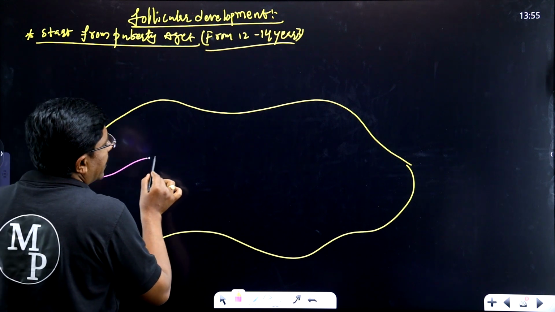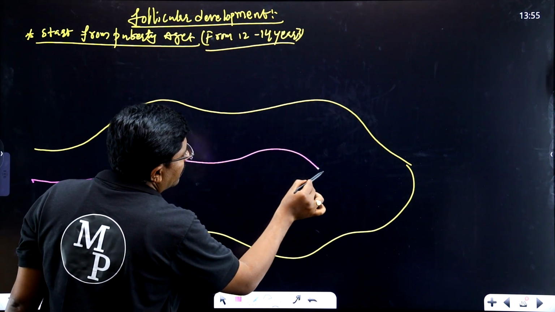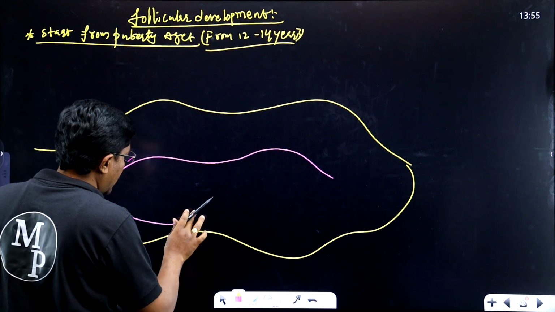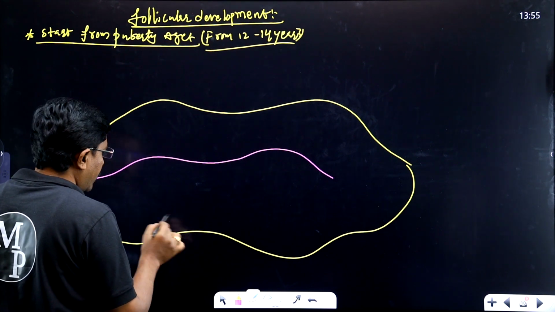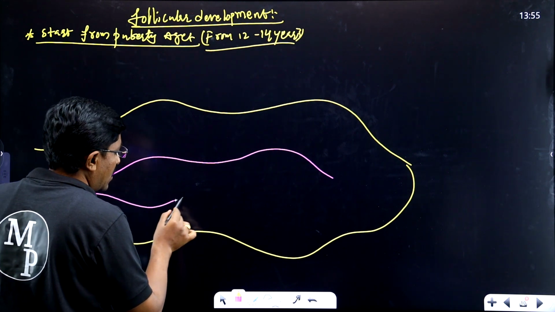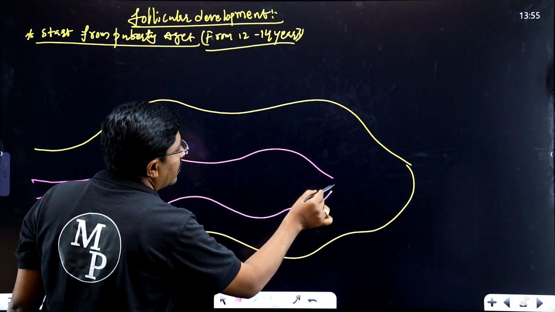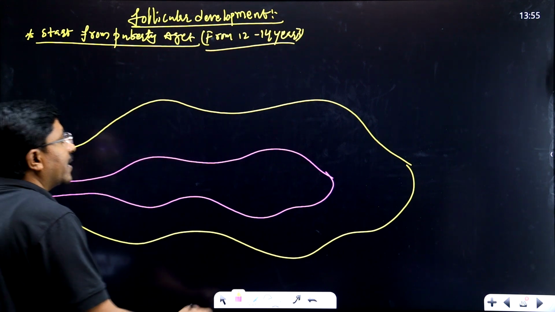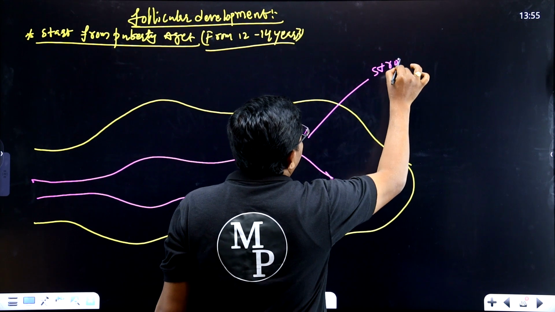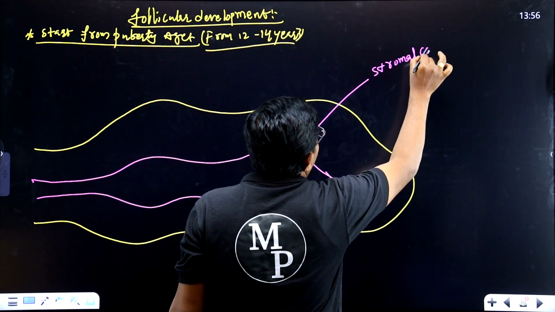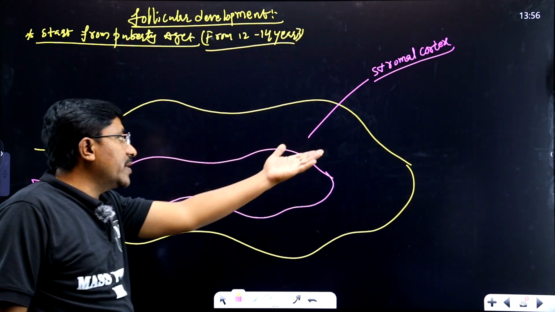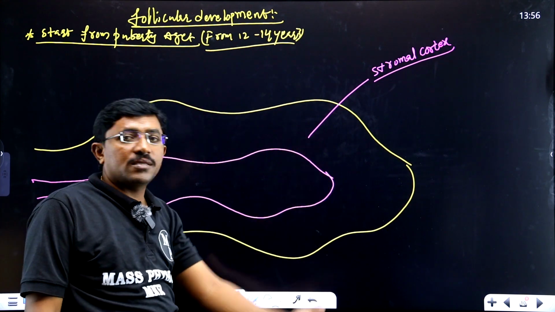Various stages of follicles are found in the stromal cortex. This total area is the stromal cortex. In a previous class we have discussed this.